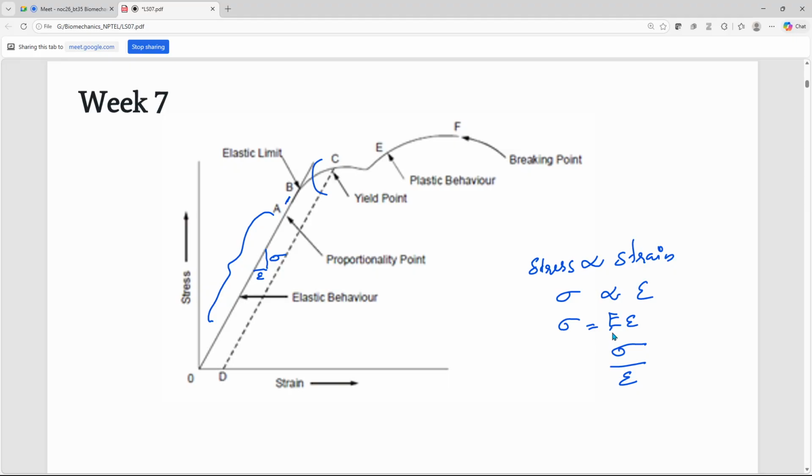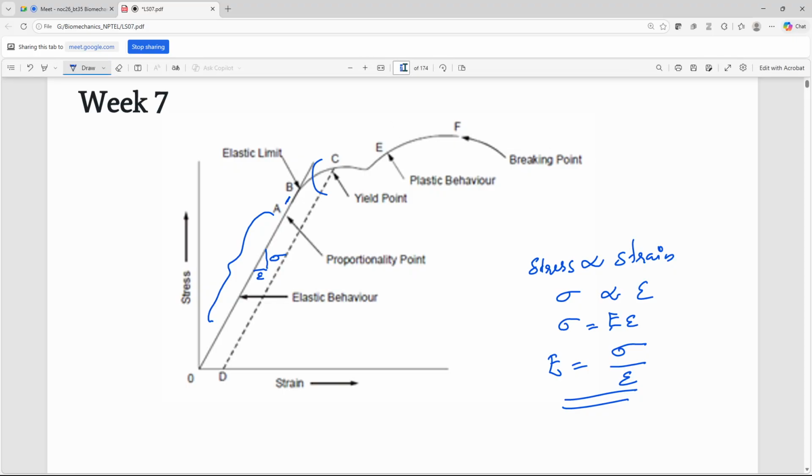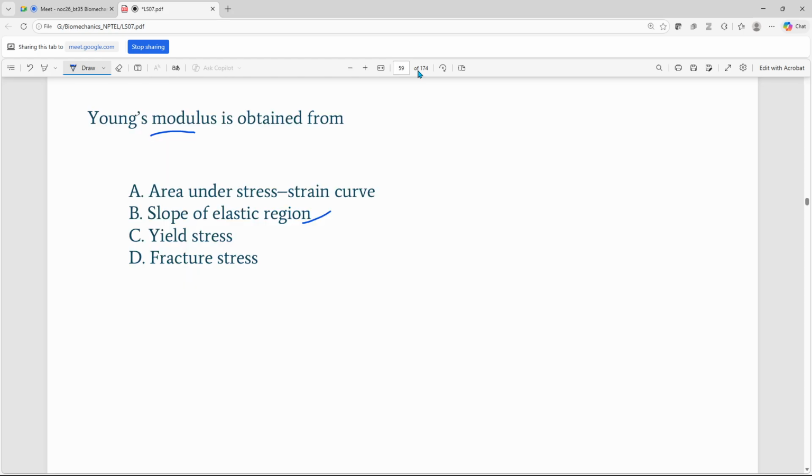Rearranging, E is equal to sigma by epsilon. That is, the Young's modulus is given by the slope of the stress strain graph. That is the slope of elastic region.